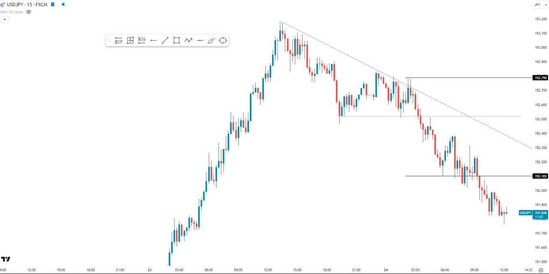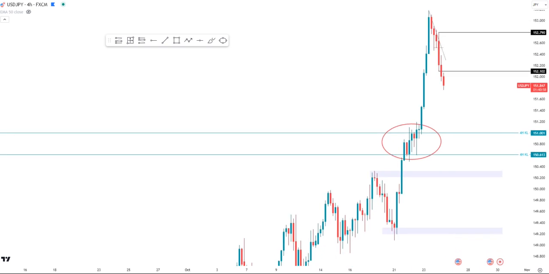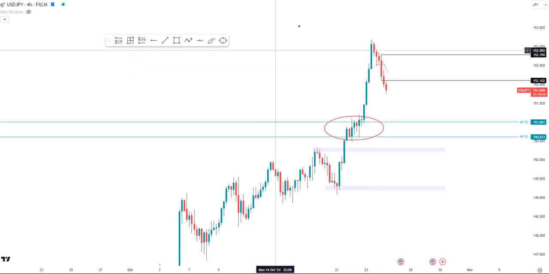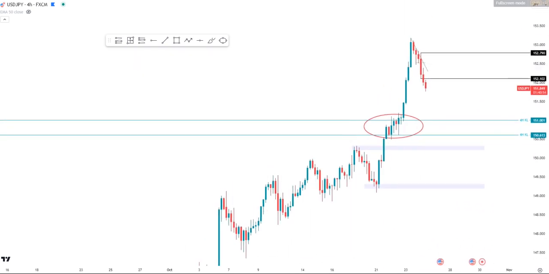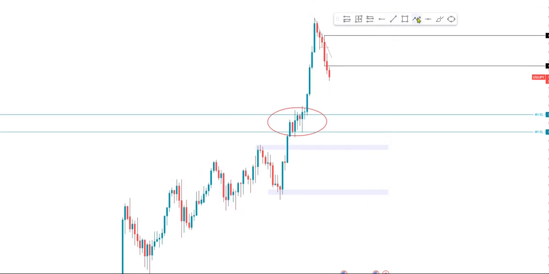Okay, this is it. And now GU is very overextended. Okay, I'm not gonna change the window. It's overextended. Now I'm expecting the price to come here, make a retest, and give me a very strong bullish sign, so I can continue to the upside.